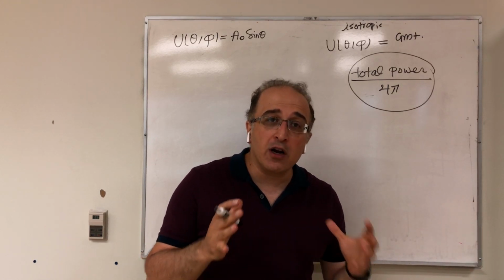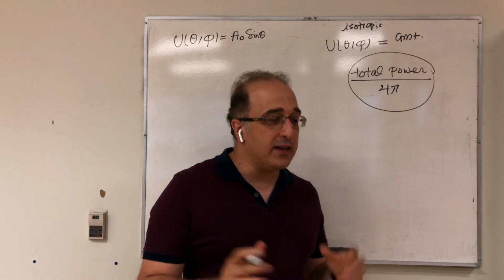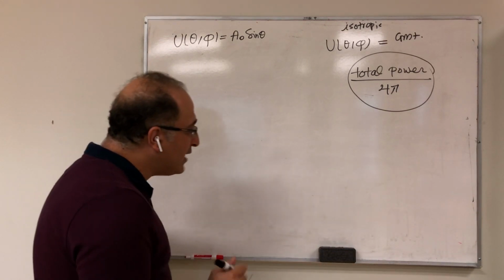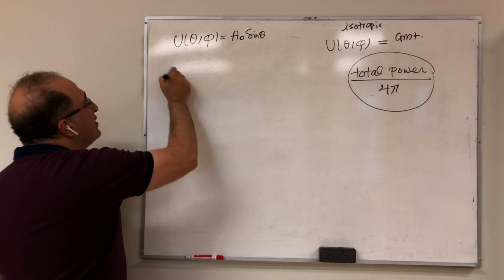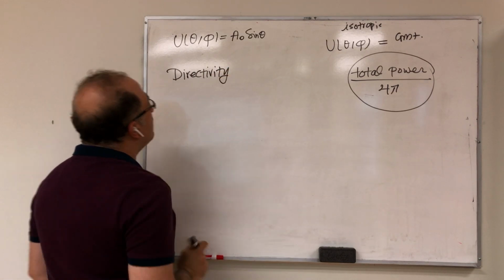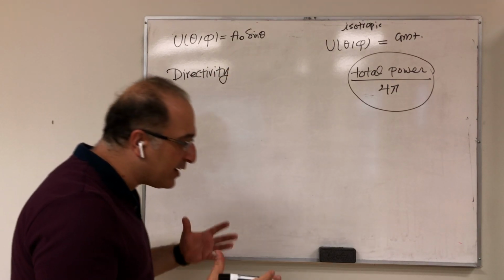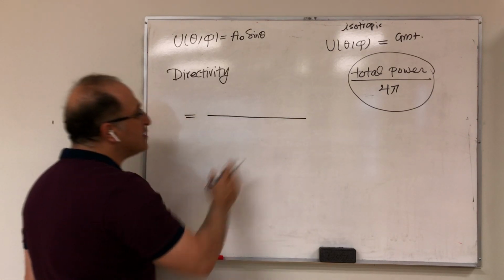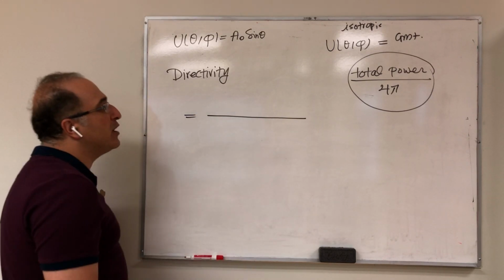Now we're going to use that in our approach. Let's define a quantity called directivity. Directivity is defined as a ratio, so you're comparing two things. There is a numerator and there is a denominator.